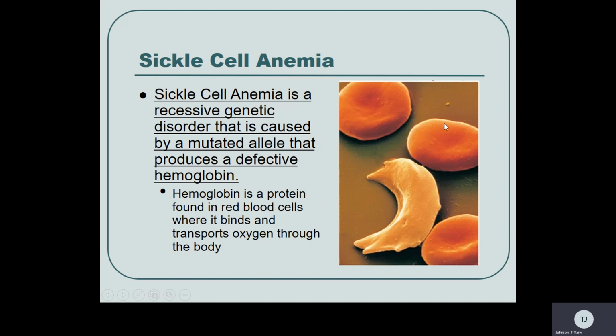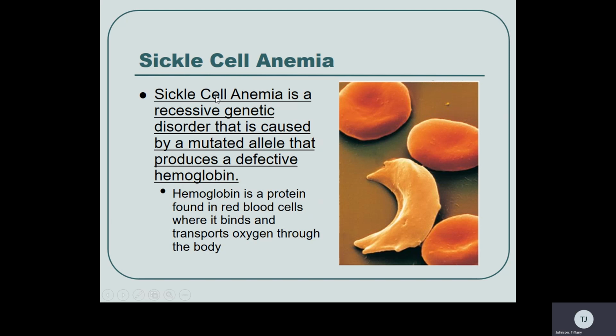That's how they normally look, and that's because of how the hemoglobin is embedded in the plasma membrane. That's what gives it its shape. So hemoglobin is very important. Again, it's a protein inserted into the cell membrane of red blood cells, and it carries oxygen and iron, and it determines the shape of the red blood cell.